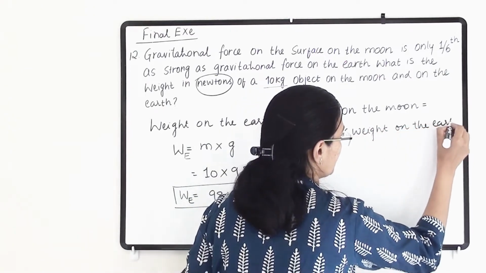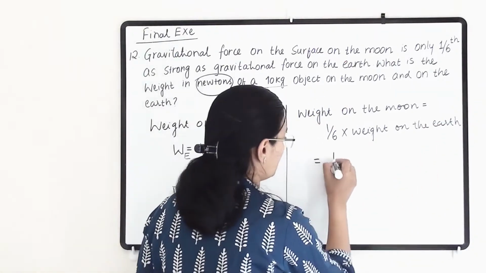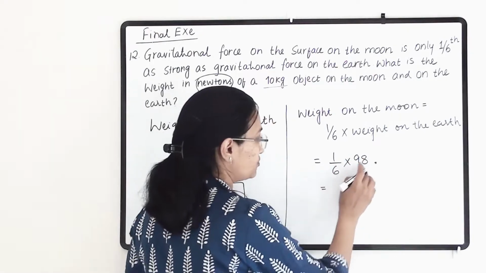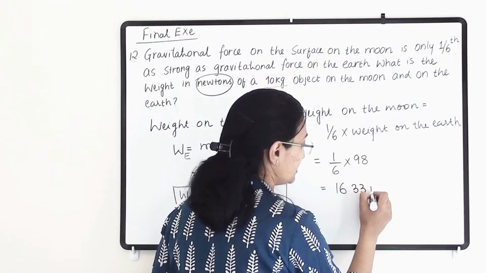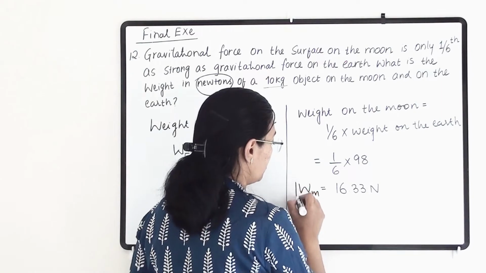We know the weight on the earth is 98 Newton. So 1/6 into 98, once we divide this, we will get 16.33 Newton. So this much weight will be there on the moon.